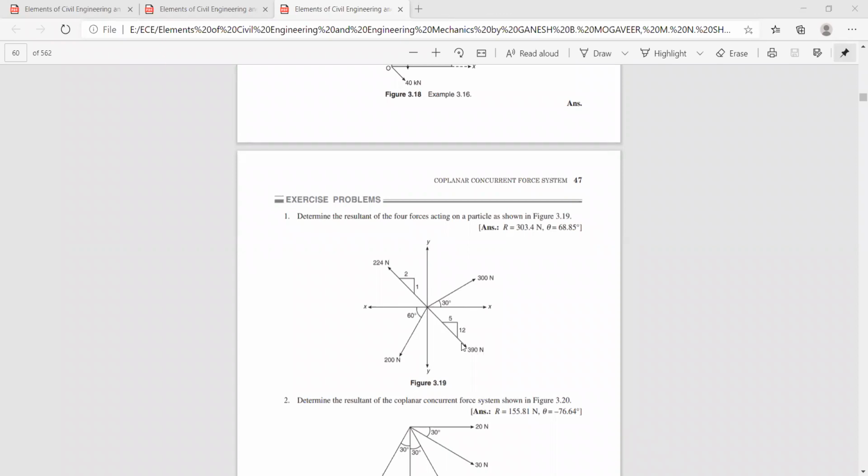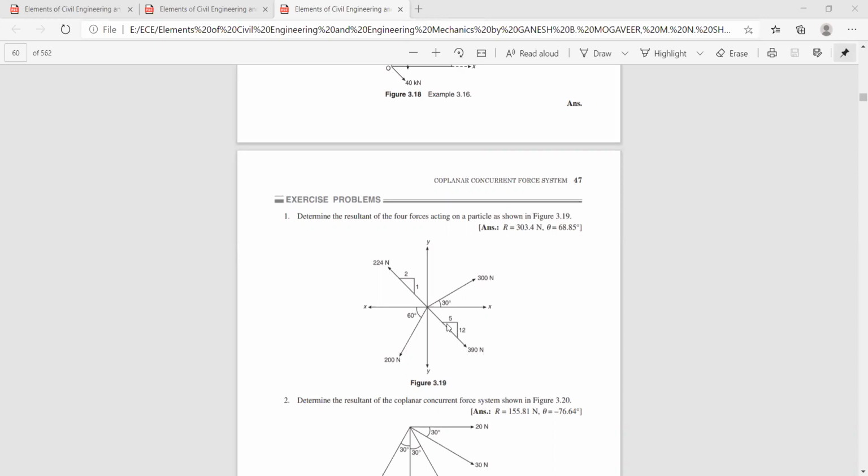Now, can you take a sheet of paper and pen and let us work out this problem and check the answer. This angle is known to you, and you have to find this other angle, that is 5 divided by 12. You can use the tan relation, tan theta, and thereby you'll get this angle.